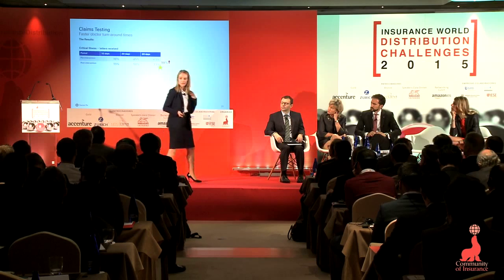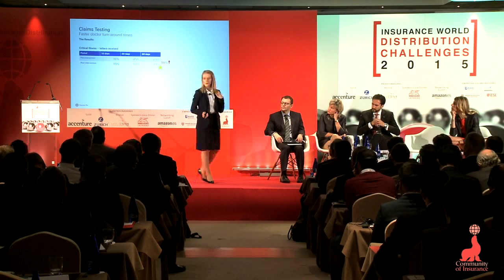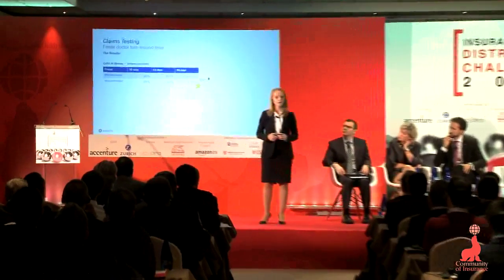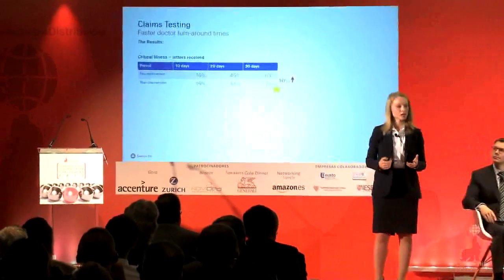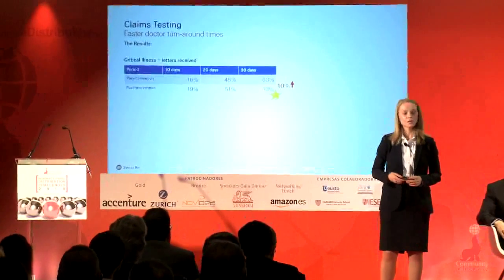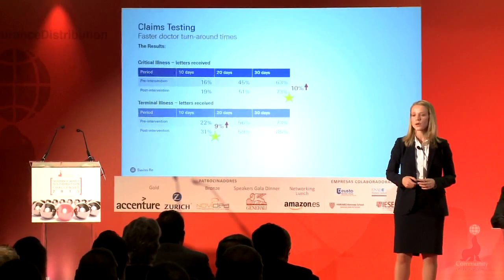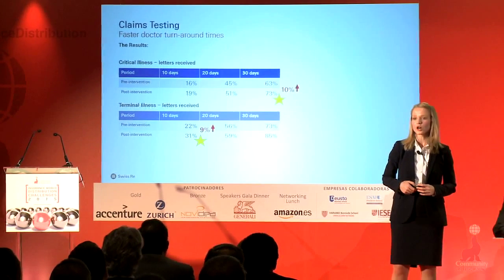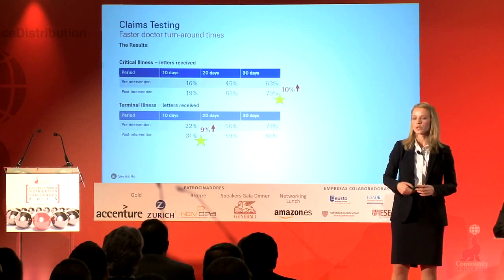And what we saw was when it came to critical illness, the one with the green text with the 3 days, we saw a 10% statistically significant increase in the number of people who responded within the 30-day period. When it came to the terminal illness one, we saw a 9 percentage point increase in the number of doctors who would respond within 10 days.